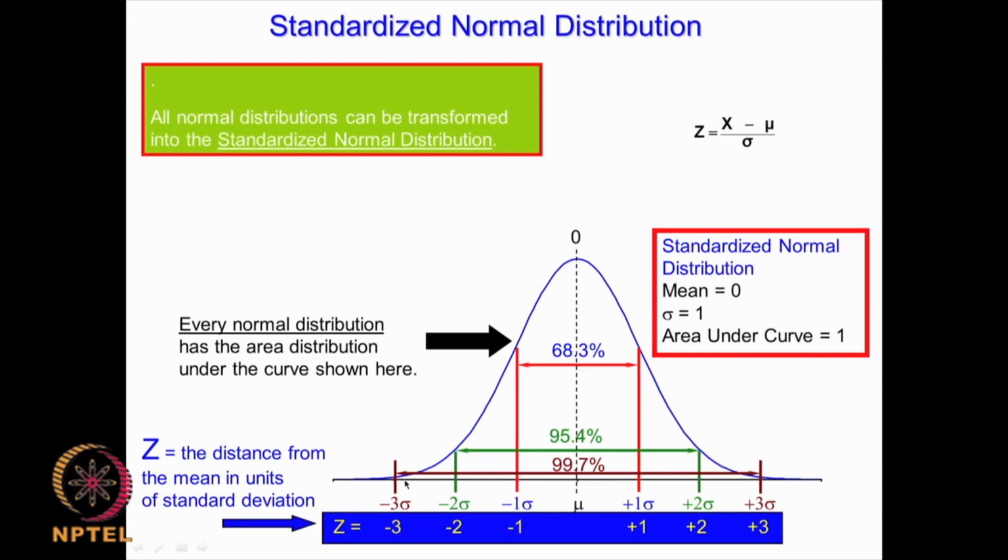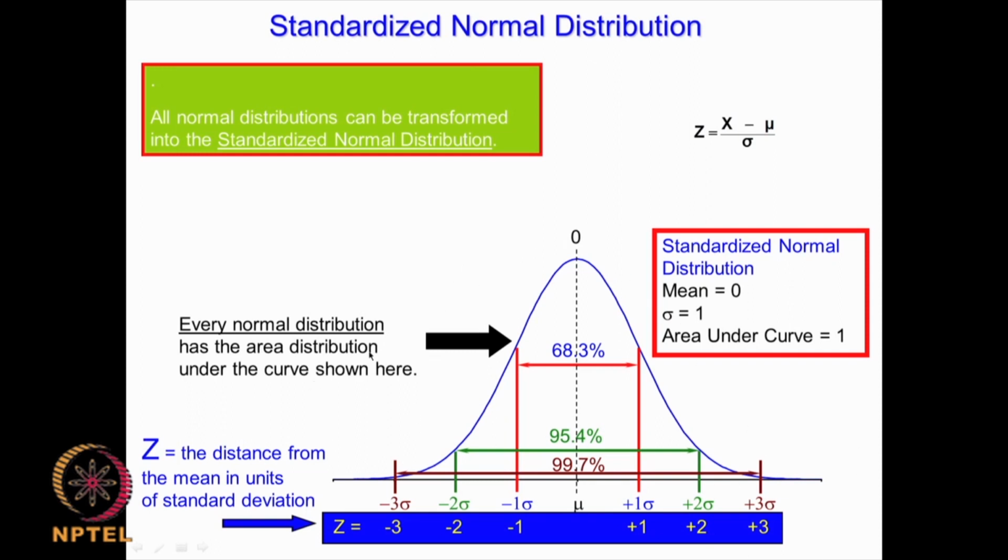Now, similarly, plus or minus 3 sigma, if we call this 99%, the remaining area outside will be totally 1%. That means this side will be 0.5% and this side will be 0.5%, or 0.005 and 0.005.